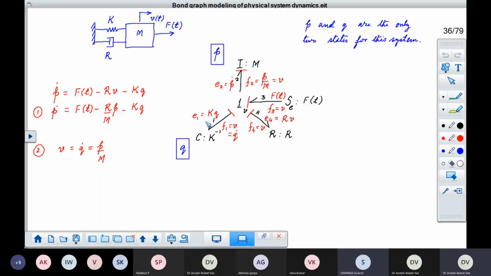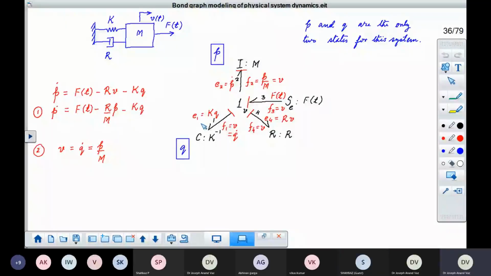Then we come to the bond connected to the spring. If you represent the effort and flow, you can see the flow is the same because it's connected to this one junction, and flow F1 comes from flow 2, which is P upon M, because all bonds connected to this one junction have the same flow. So V is P upon M. F1 is the same as V, which is P upon M. So we know the flow.